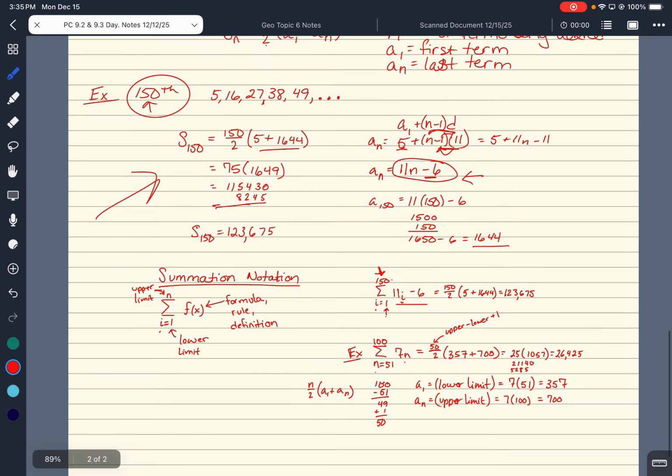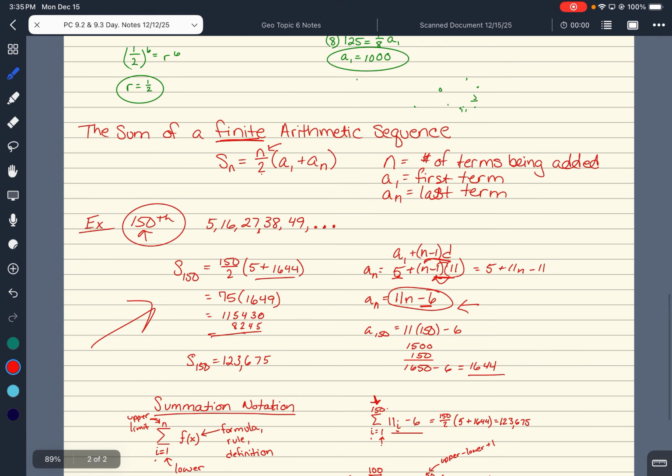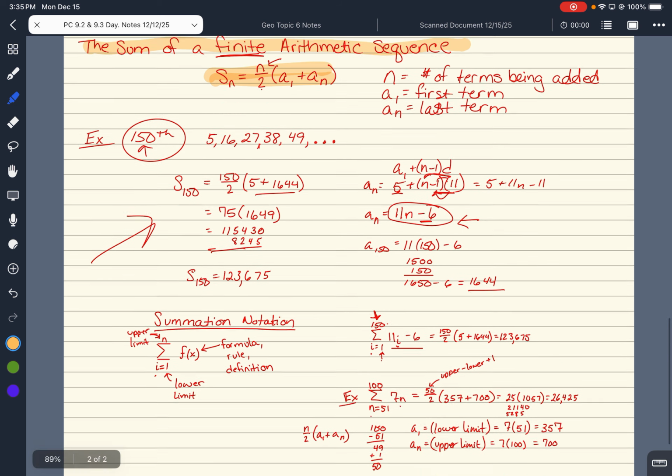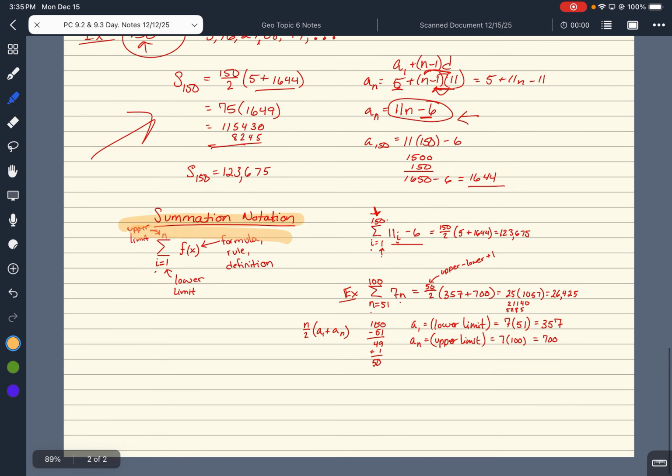And then we have the sum of a finite arithmetic. I guess if you want to count sigma notation, but that's not really a formula, that's just how to write it, correct? So now we have to go geometric.